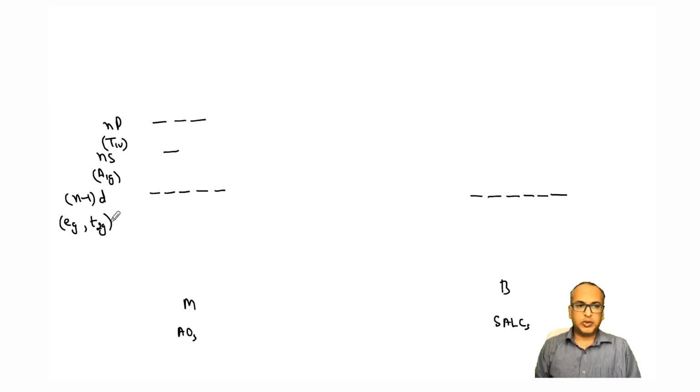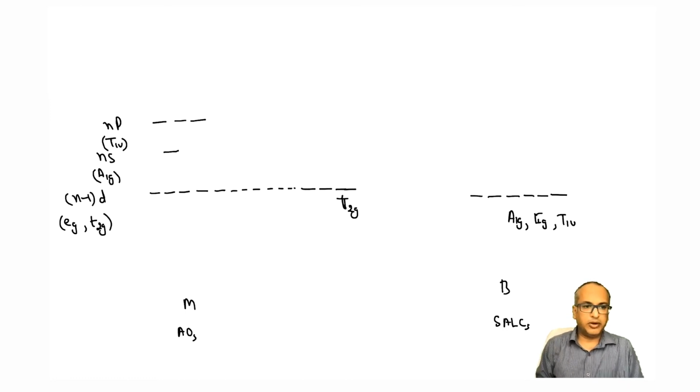All right. Now if you have noticed, the symmetries here were A1G, EG, and T1U. So T2G really does not match, so that T2G will remain as non-bonding, right? So this I will write as lowercase. T2G orbitals would not form bonding and they will just remain like this. Okay. Let me draw this picture.